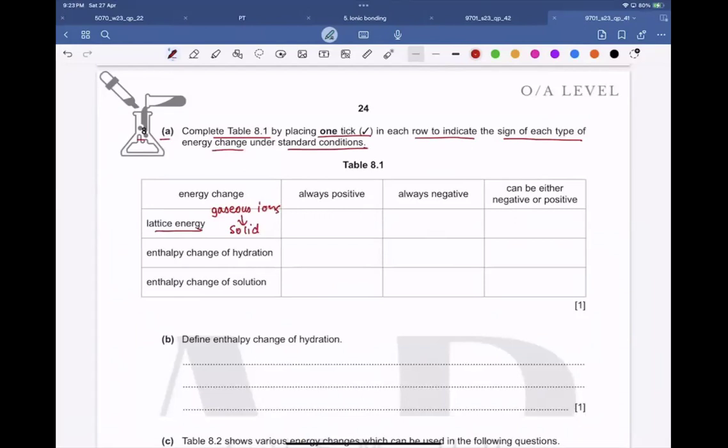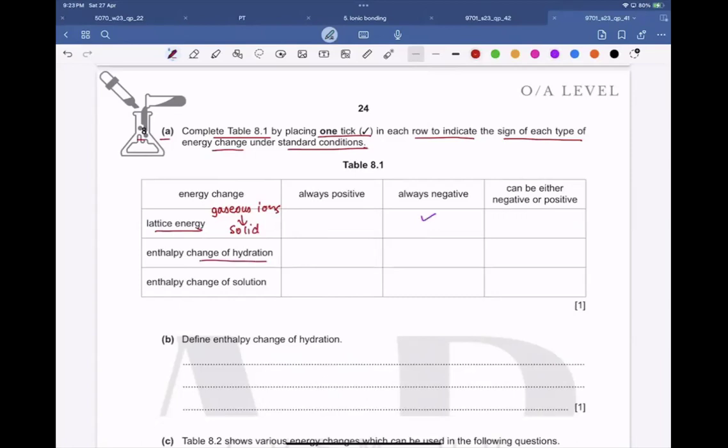The gaseous ions turning into solid means it's a formation of a bond, and whenever a bond forms, the energy is always released. So it is always going to be negative.